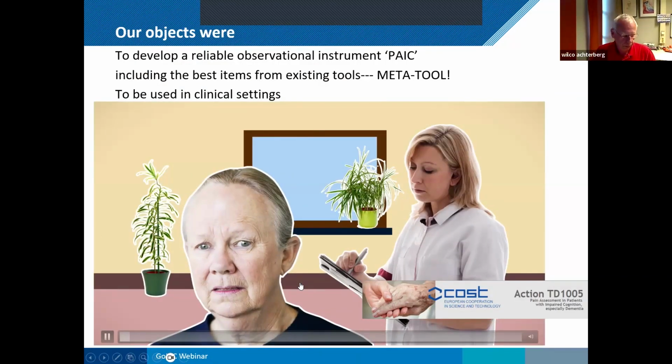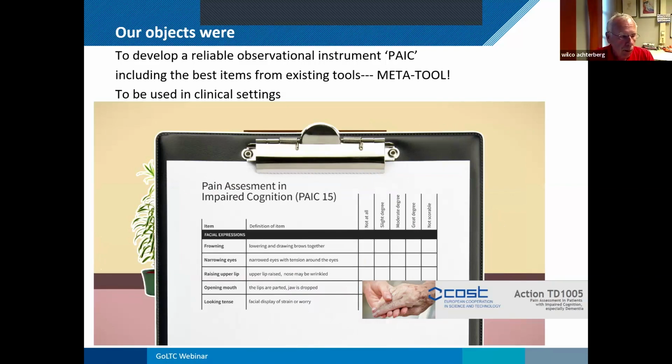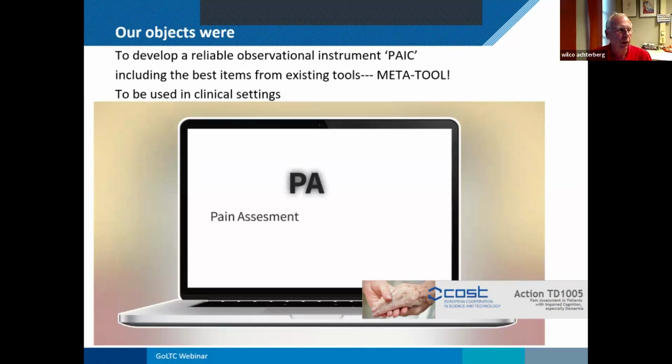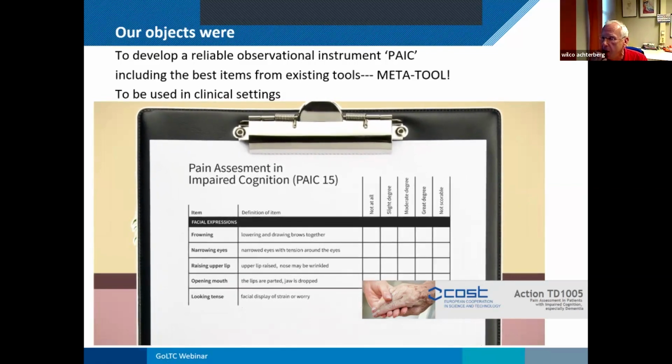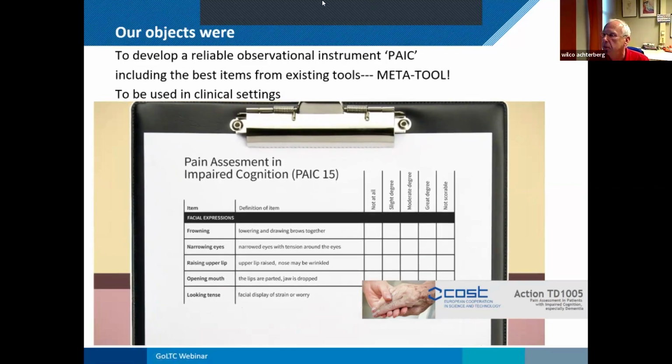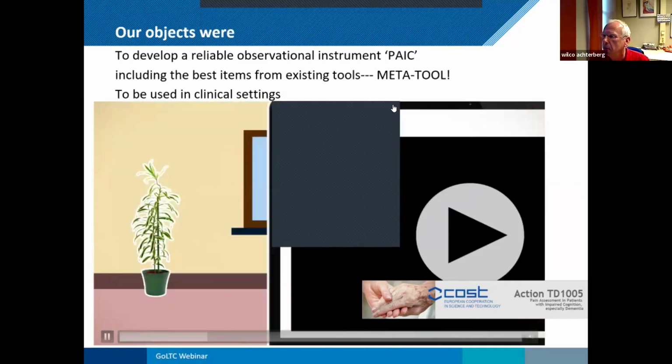In order to recognize pain in people with dementia, the so-called PIKE scale has been developed. PIKE is an acronym of Pain Assessment in Impaired Cognition. Using the PIKE scale, you'll be able to track indicators of pain in people with dementia in a systematic fashion. The scale has 3 domains. 1.